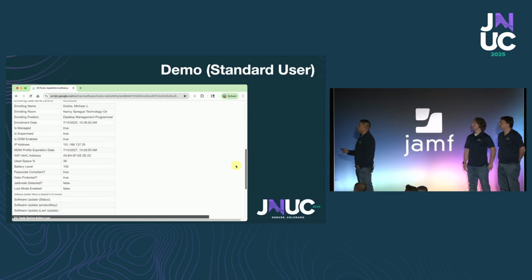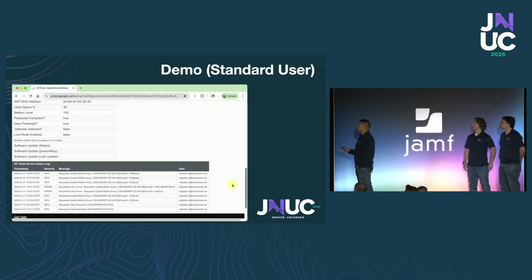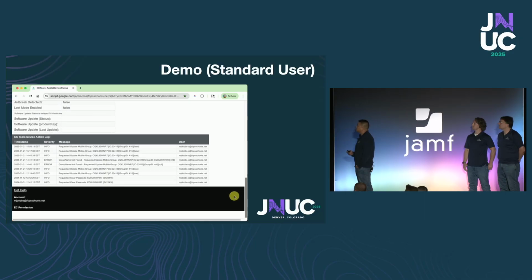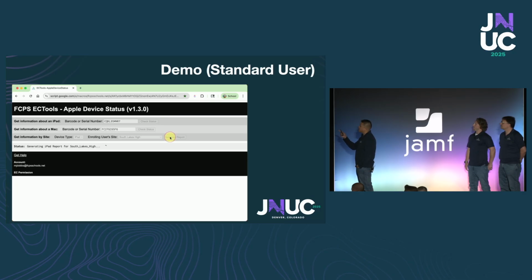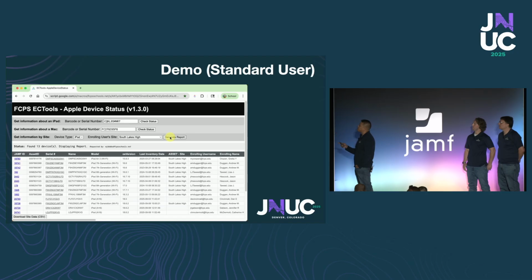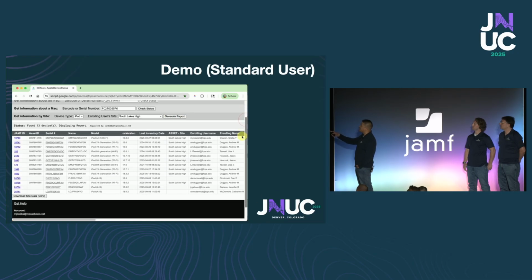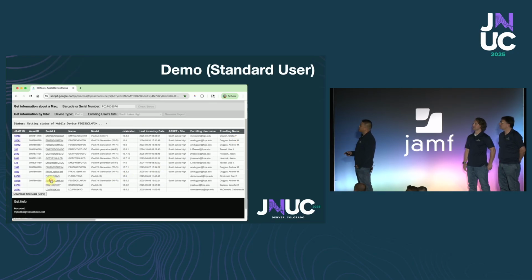You can see the enrollment user, when the last inventory update was. And then here's a generate report button for a specific school site. So we're using South Lakes High as an example. Here's a list of devices that were enrolled at this site.